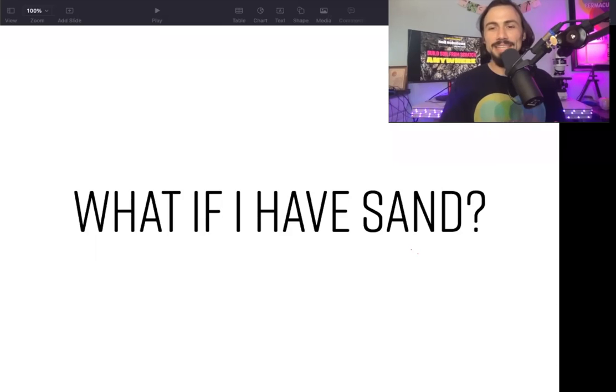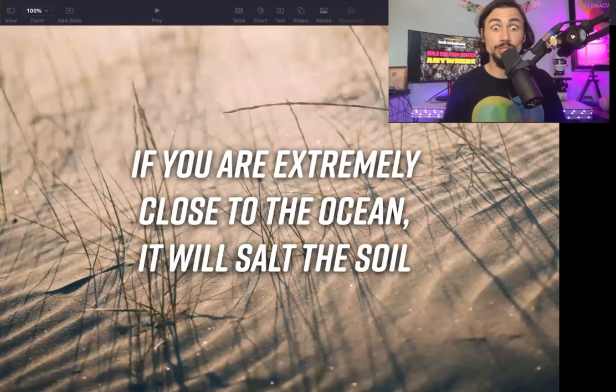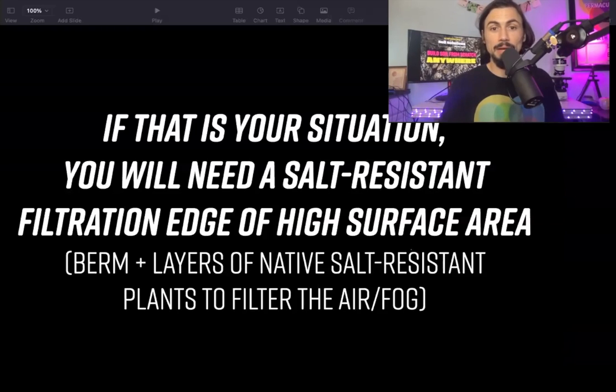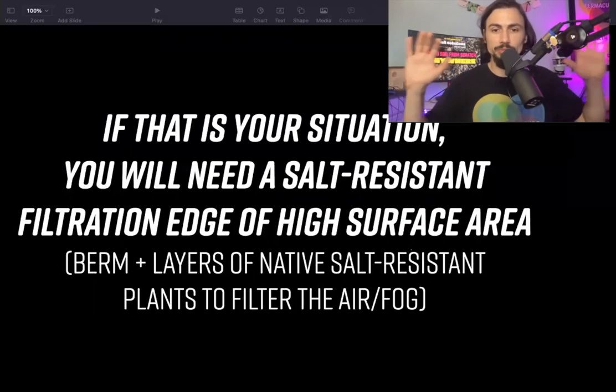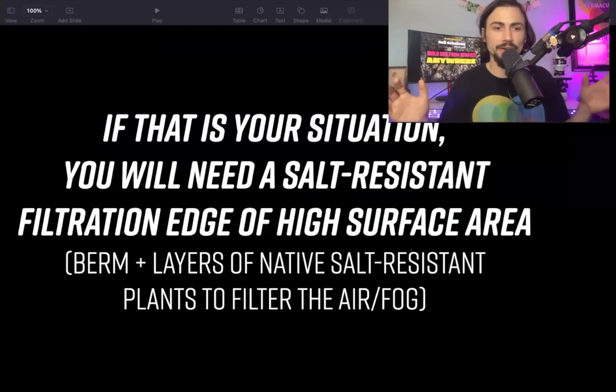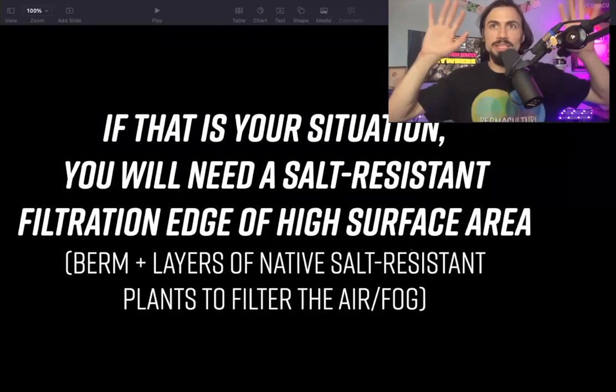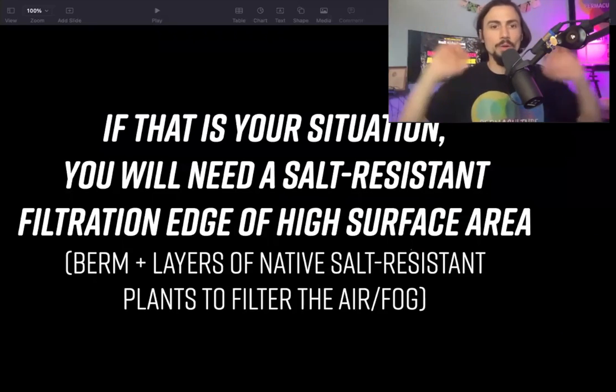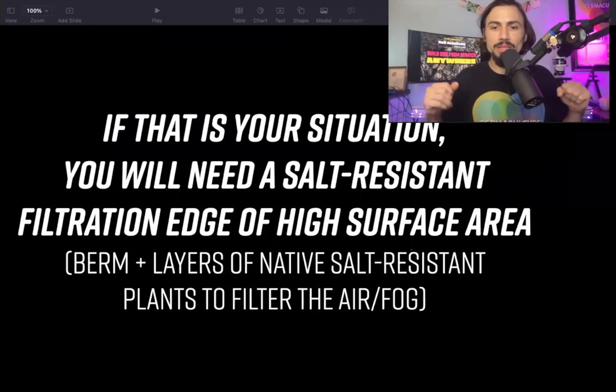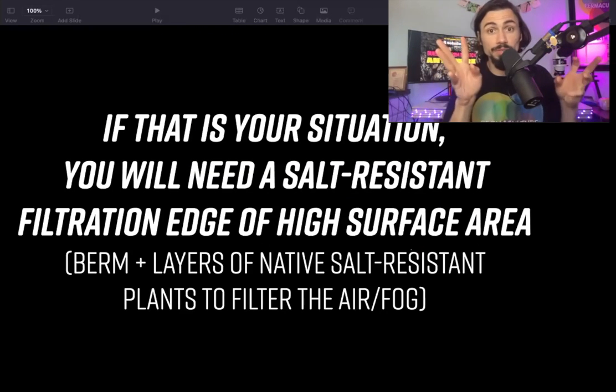So what if I have sand? Well, if you're extremely close to the ocean, it will salt your soil, and that's what Gavin on YouTube was talking about. If that's your situation, you need to set up a salt resistant filtration edge of high surface area, like a berm to lift things up, so it sends the air up and over it. The more edge there is, the more leaves there are, the more small leaves, the more surface area.